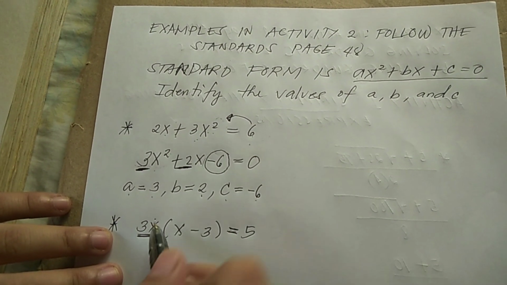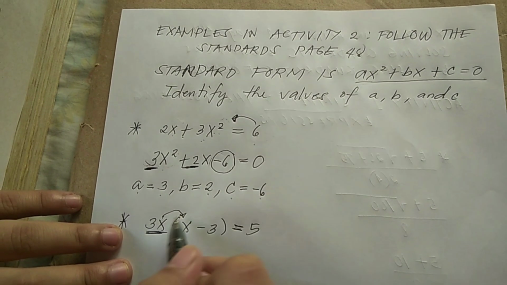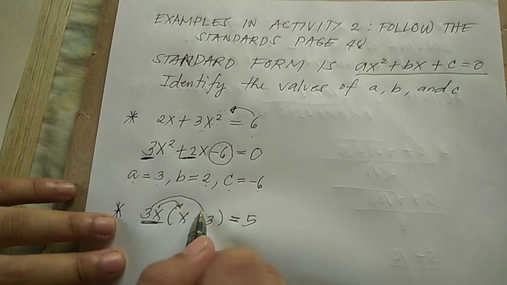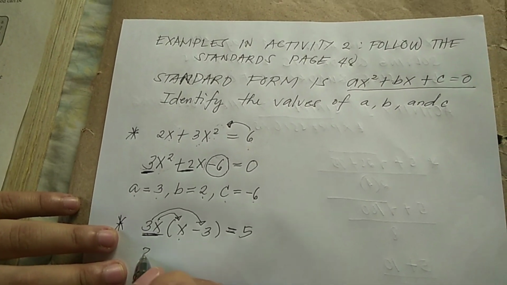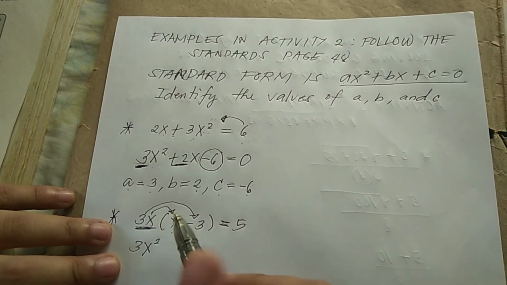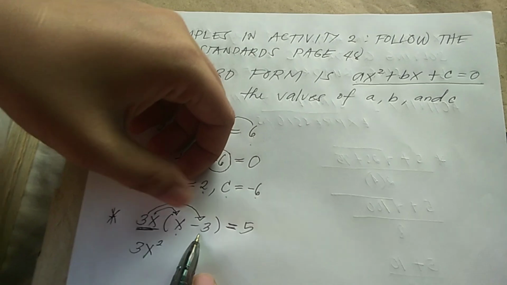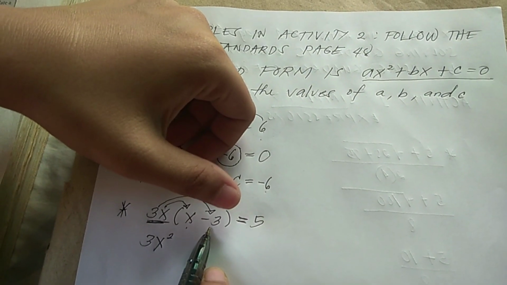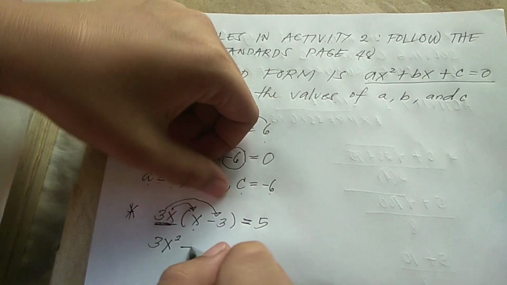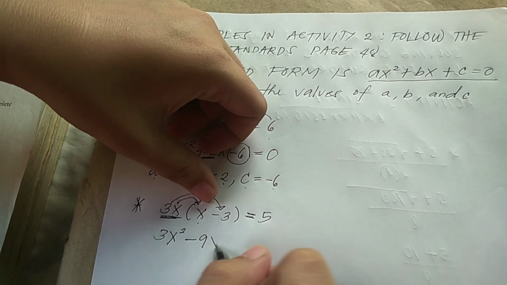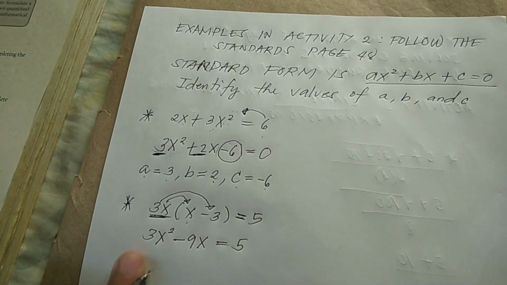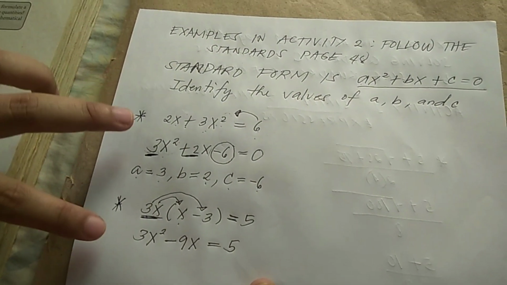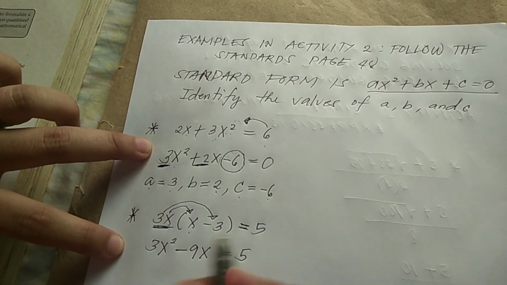The term outside, we multiply it to everything inside the parentheses. So, 3x times x is 3x squared. 3x times negative 3 is negative 9x, is equal to 5. Once it is like that, we can rewrite it into standard form.